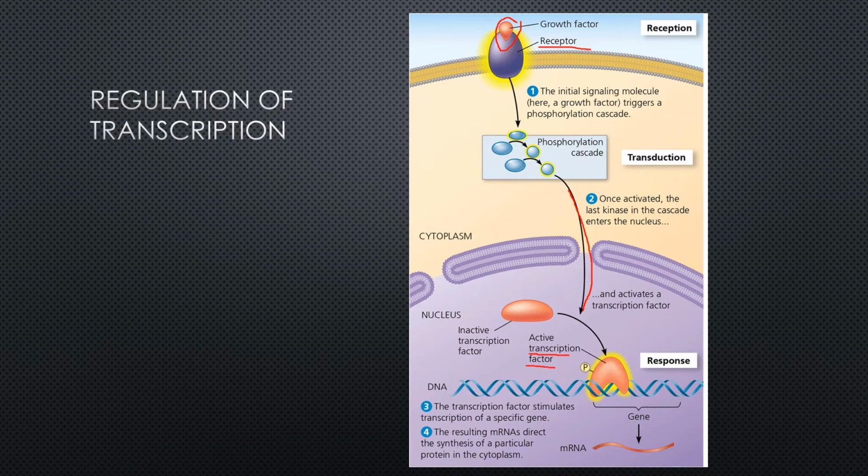That transcription factor then gives the go-ahead for the DNA to transcribe or produce a particular protein based on that particular gene. So the resulting synthesis of a particular protein is then made in response to the growth factor being perceived.